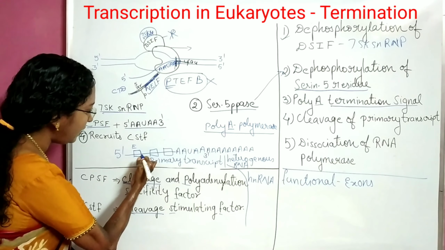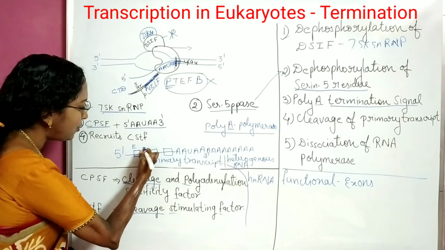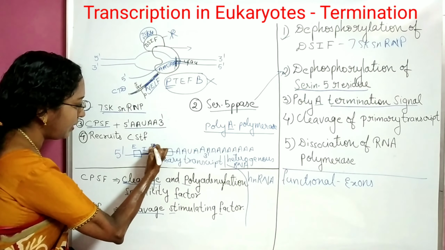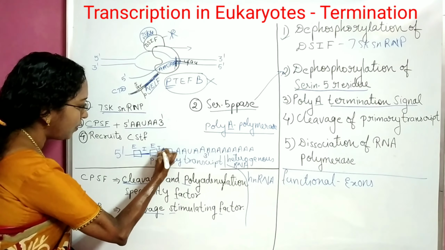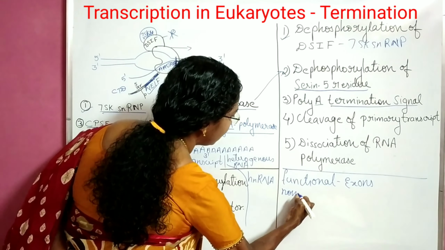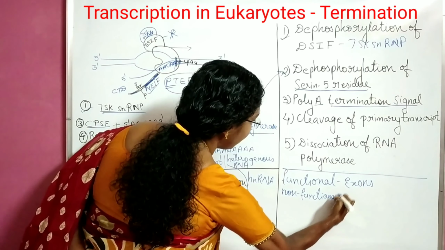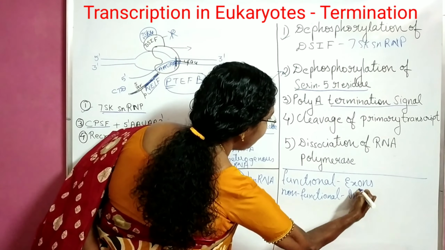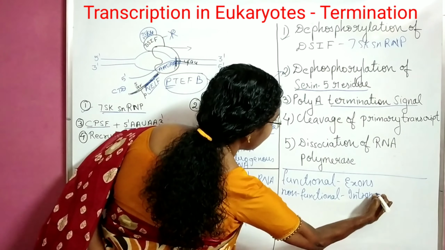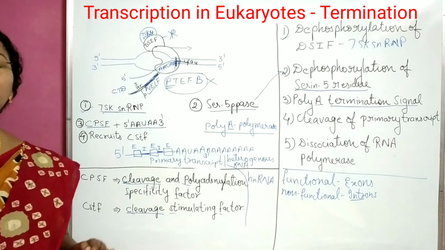And in between there are regions which are non-functional. They are called introns. Again you can see here exon, intron, again exon, intron. So non-functional regions are called introns, or intervening or interrupting sequences.